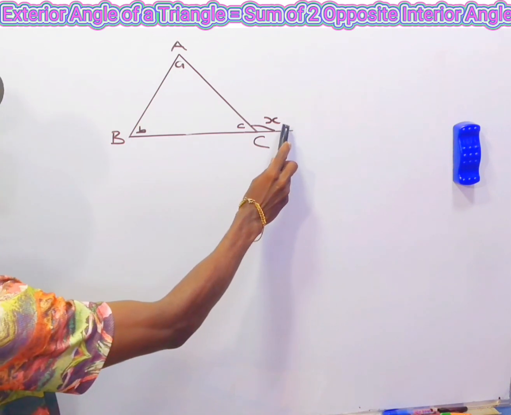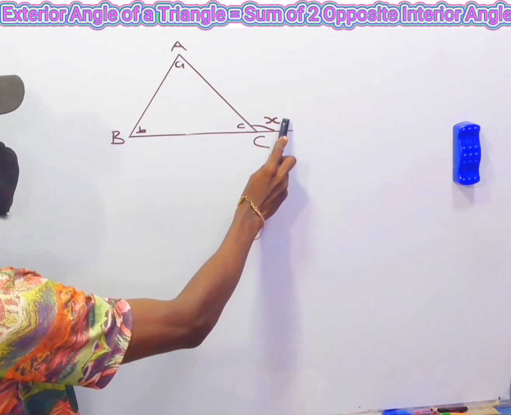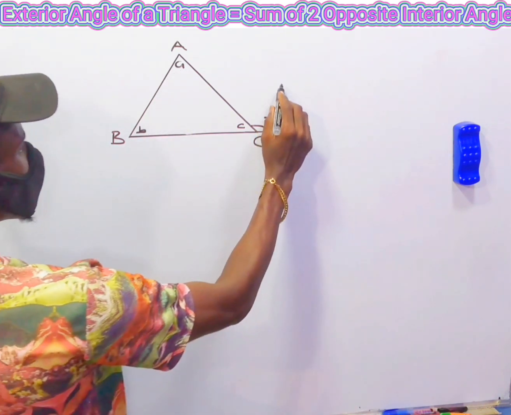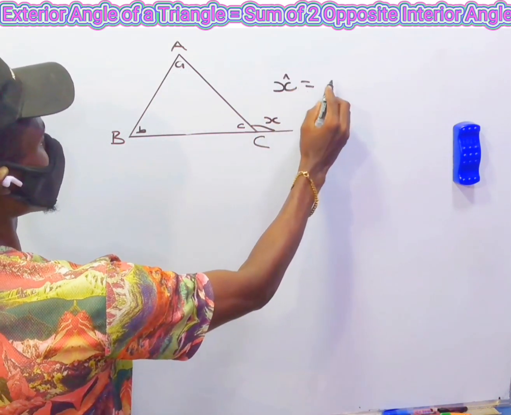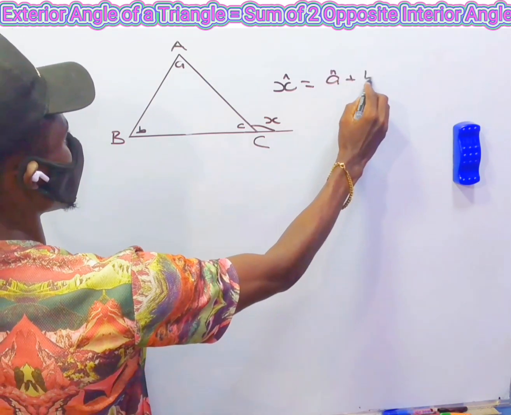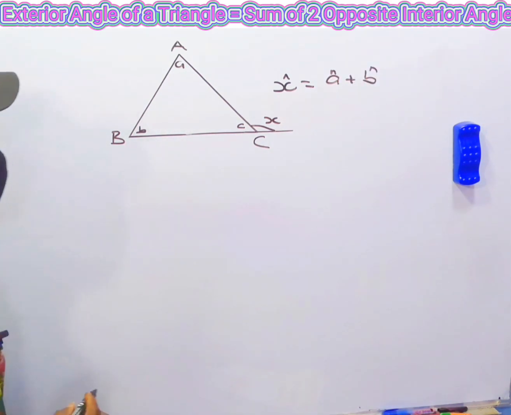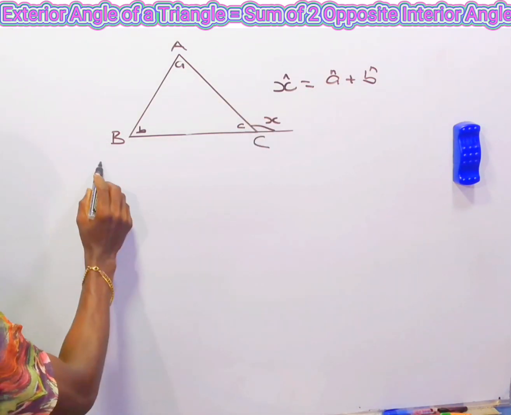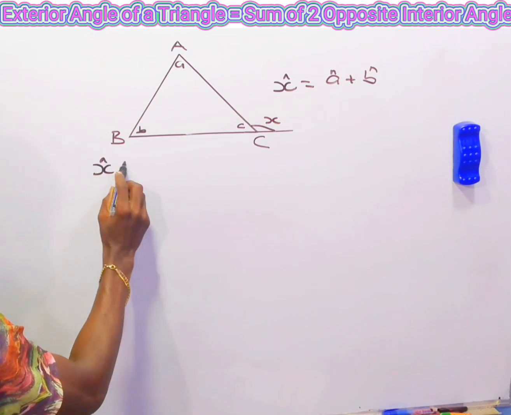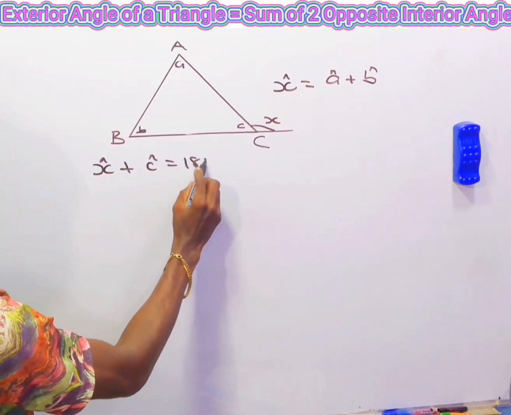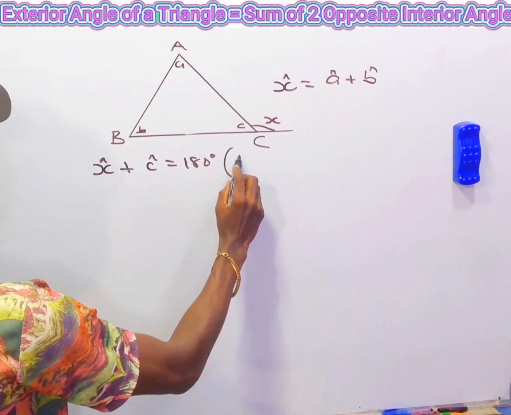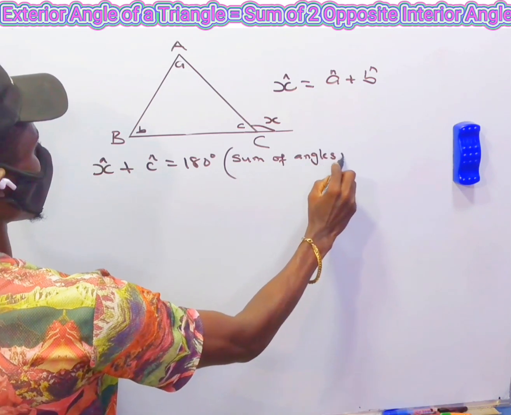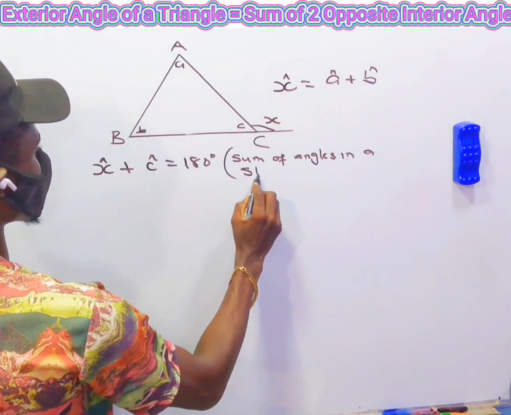Let's prove that the exterior angle X is equal to the sum of the opposite interior angles A plus B. So to prove that X is equal to A plus B, first of all, angle X plus angle C is equal to 180 degrees. Reason: sum of angles in a straight line.